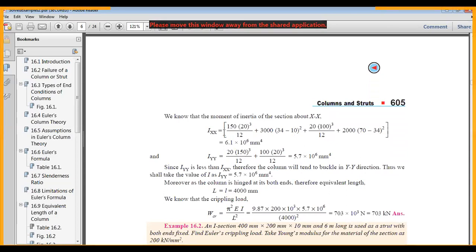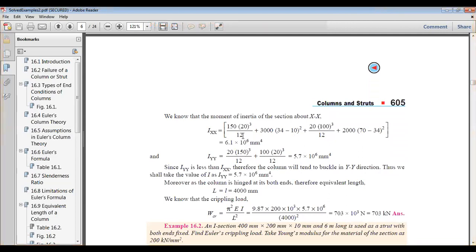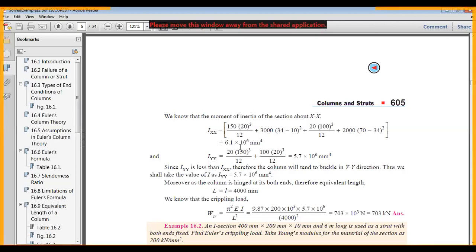We have already calculated the values of Ixx and Iyy of the T section and I section in moment of inertia, so we are not going to repeat it again. Ixx and Iyy values are found, 6.1 into 10 power 6 mm4 and 5.7 into 10 power 6 mm4.